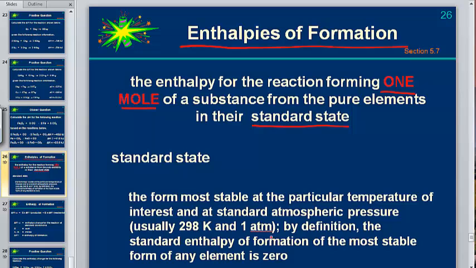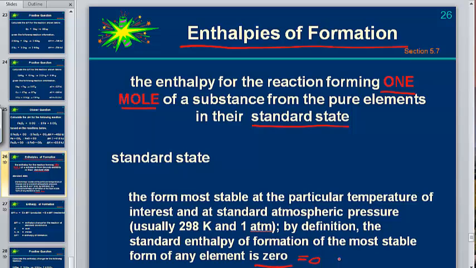By definition, the standard enthalpy of formation of the most stable form of any element is 0. So Cl2 is 0, F2, 0. All the diatomic elements have an enthalpy of formation equal to 0. Okay?